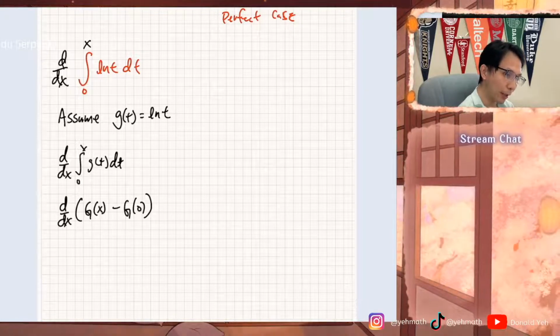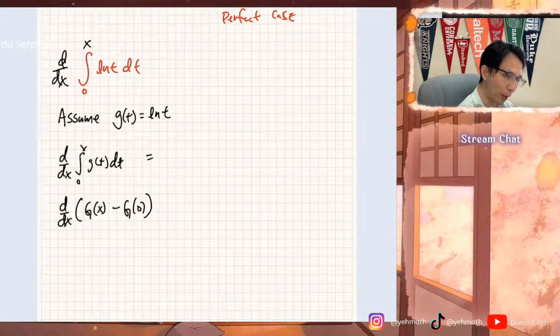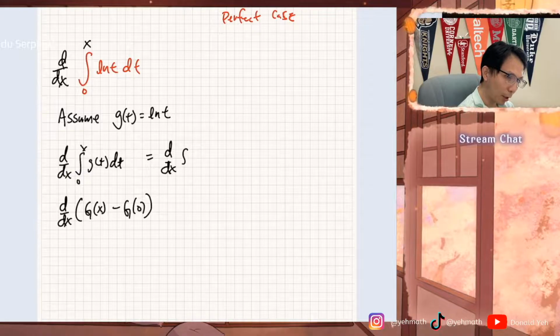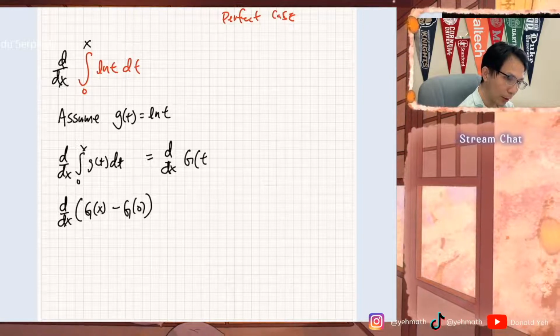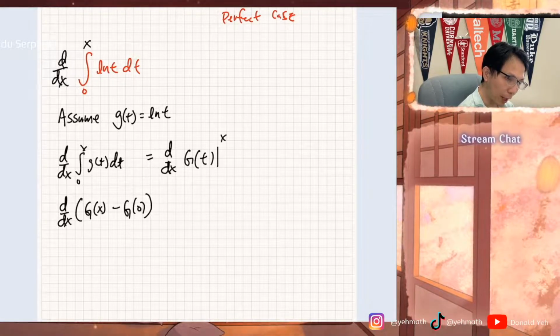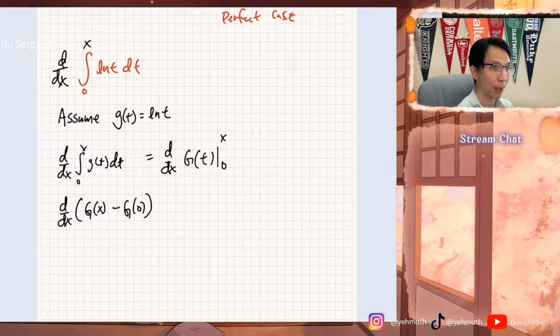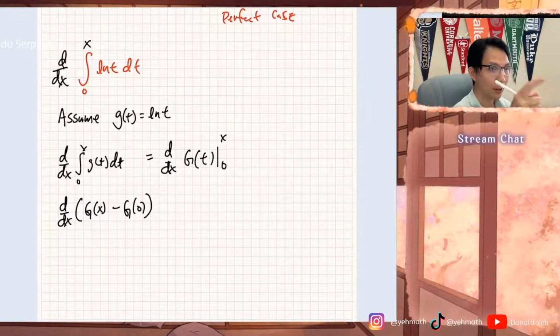Usually there's one more step: if I integrate that, it's going to be G of t between x and 0. That's how to write the straight line, which is the boundary.